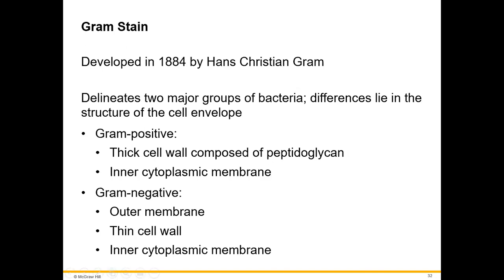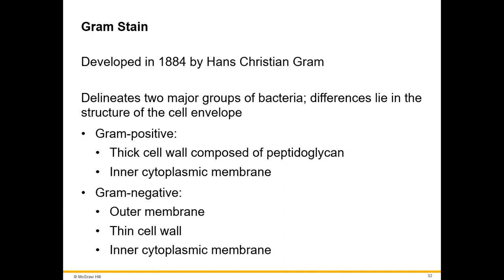The Gram stain, this is important to know, goes all the way back to 1840. It delineated two major groups of bacteria, which lies in that structure, that cell envelope. The Gram-positive bacteria have the thick cell wall. Cell walls in both instances are made of peptidoglycan.